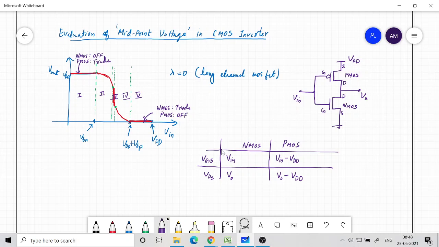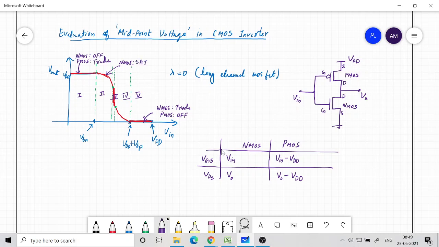Now if you come to region 2, NMOS will be turned on. If VGS, the input voltage, becomes greater than VTN, NMOS will be turned on. At that time VGS is very small, but VDS is very large, so it is going to be turned on into saturation.